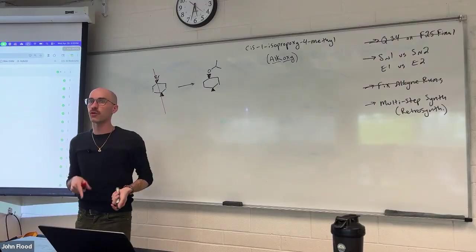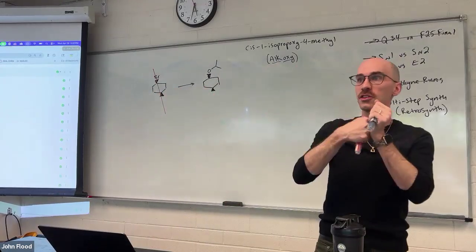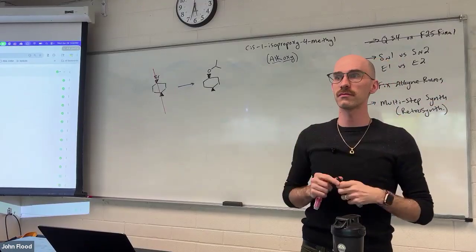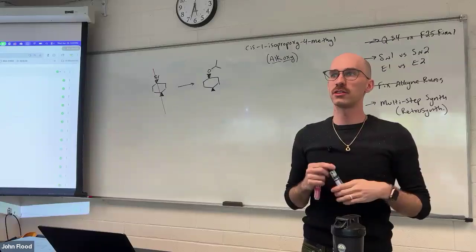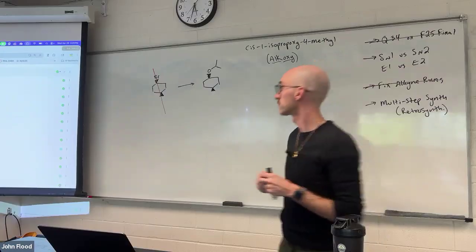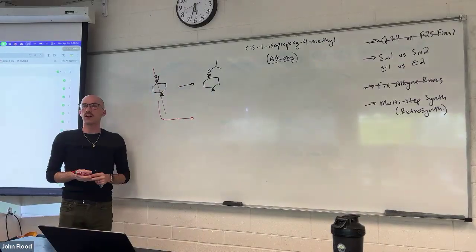Or should I do a second order substitution where the leaving group leaves because the nucleophile attacks the carbon and kicks out the leaving group? Why should I avoid SN2? Backside attack would invert the stereochemistry.